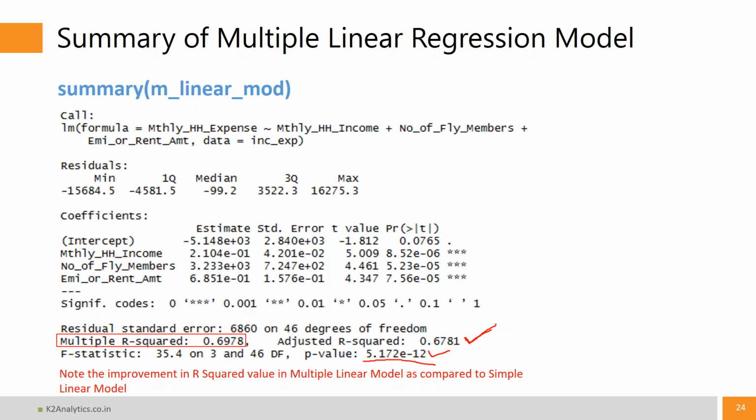For example, locality. Someone staying in a posh locality and someone staying in an average locality can impact the expense, right? So locality. Distance from station or distance from the public transport system.